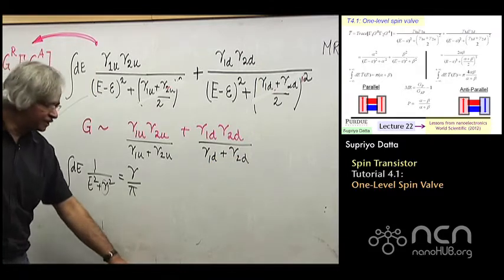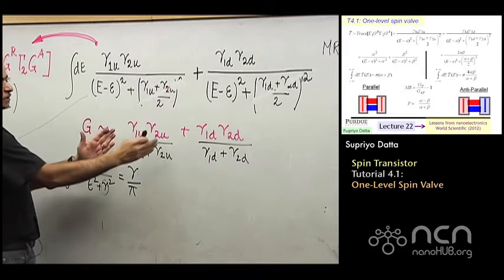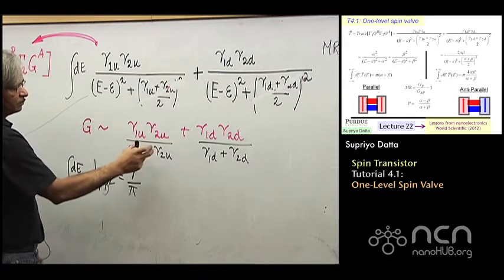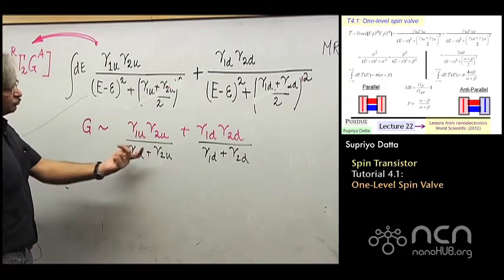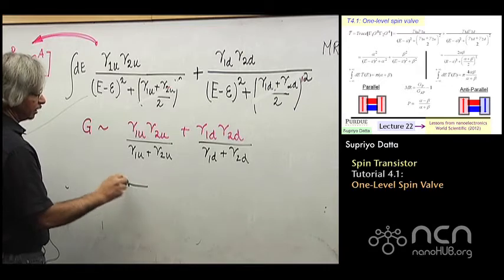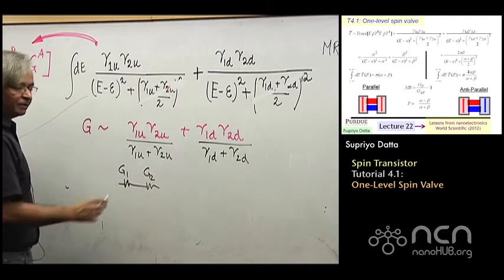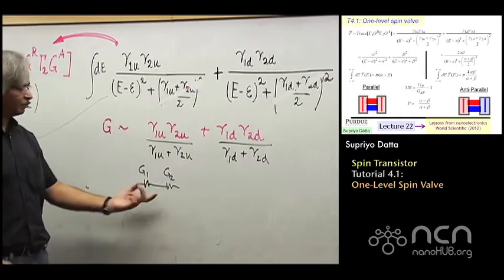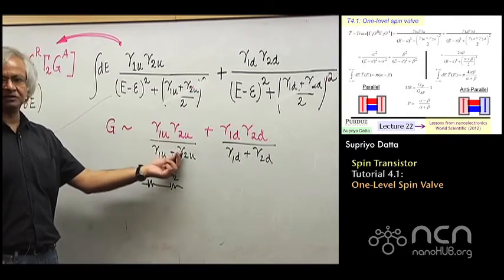And that makes a very interesting difference, because now the conductance you're getting here is almost like the addition of two normal conductances. If you had some G1 here and some G2 here, and in elementary circuit theory I asked you to write the net conductance, you would have written G1 G2 over G1 plus G2.